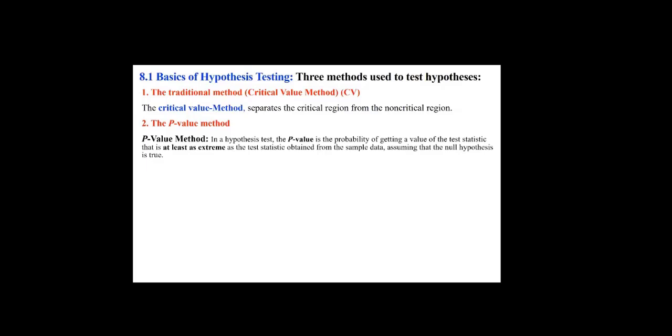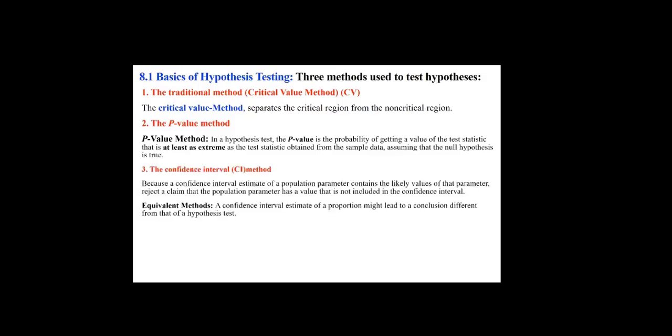In the second case, we compare areas. The p-value in essence is the area to the right of the test statistic for a right tail test, the area to the left of the test statistic for a left tail test, and of course the area to one side times 2 for a two tail test. So we'll see that as we come across.